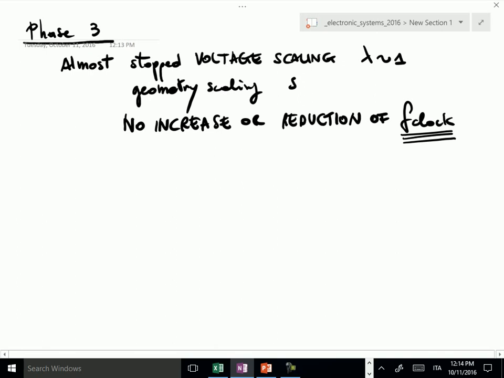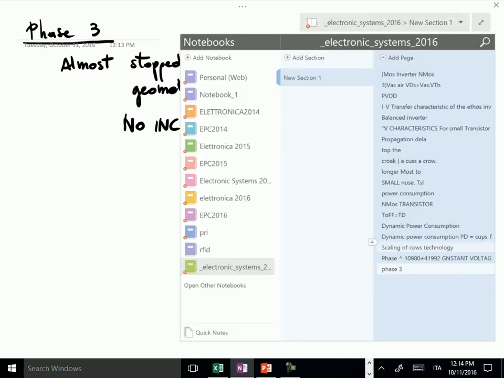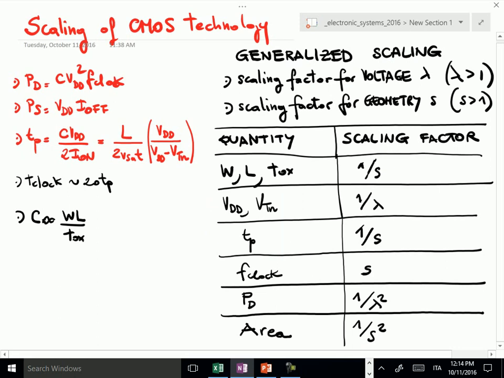What exactly does it mean that we do not increase f clock? It means specifically that we do not exploit the performance capability of the logic gates, because if you go back to this situation, of course you see that if we stop decreasing the voltages, this factor remains constant, but if we continue to scale down the geometry, the propagation delays are still decreasing.